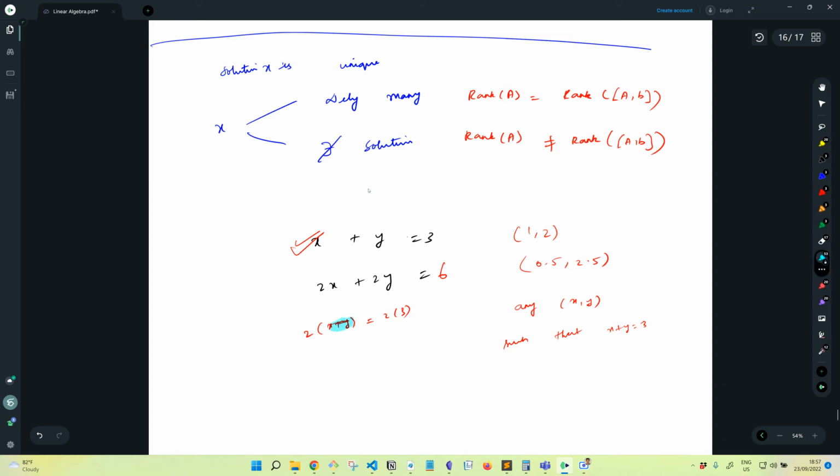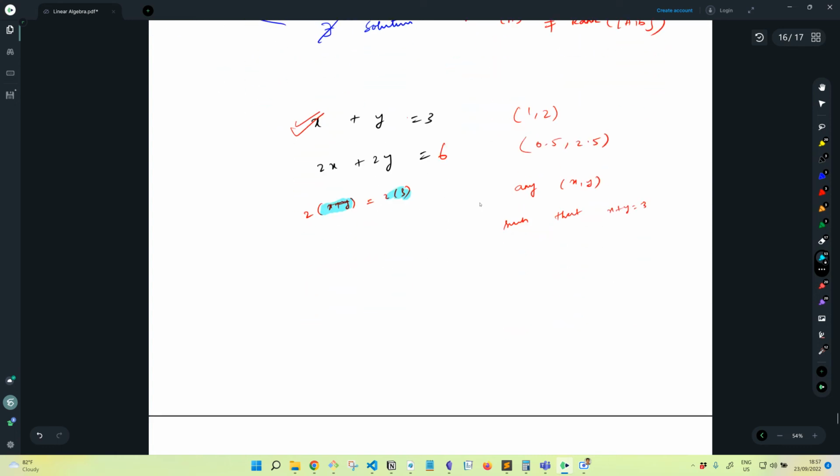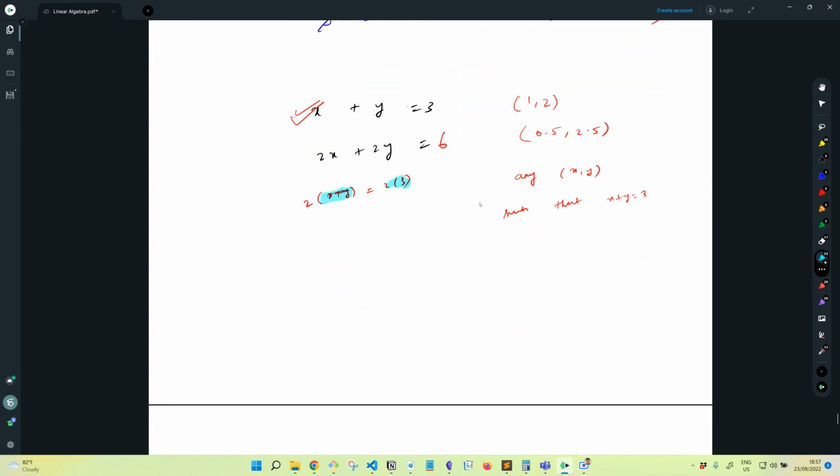If x plus y equals 3, then 2 into (x plus y) will be equal to 2 into 3. So using intuition, you're able to tell that this system has infinitely many solutions.